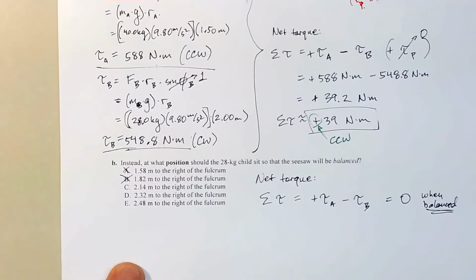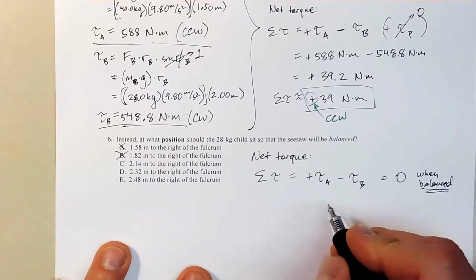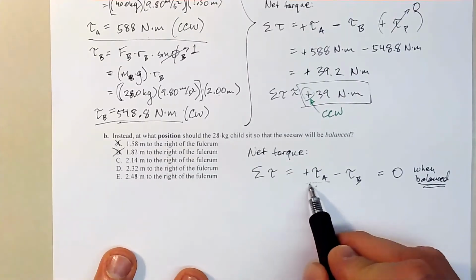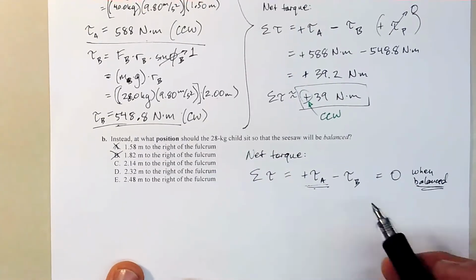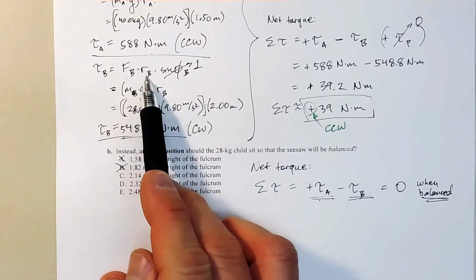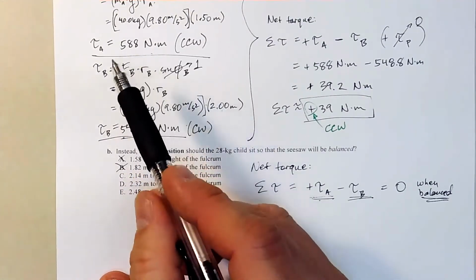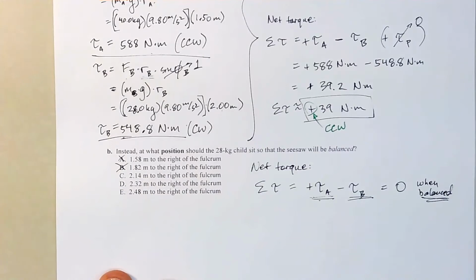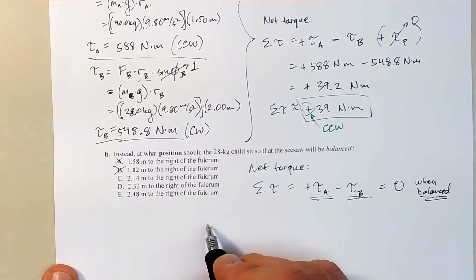Knowing that, the torque from child A hasn't changed. And for the torque from child B, I'm going to have to revert back to this expression here to make RB my unknown quantity. So let's plug in what we know.